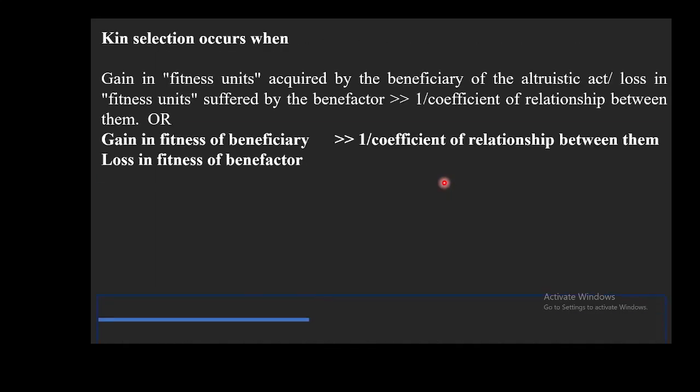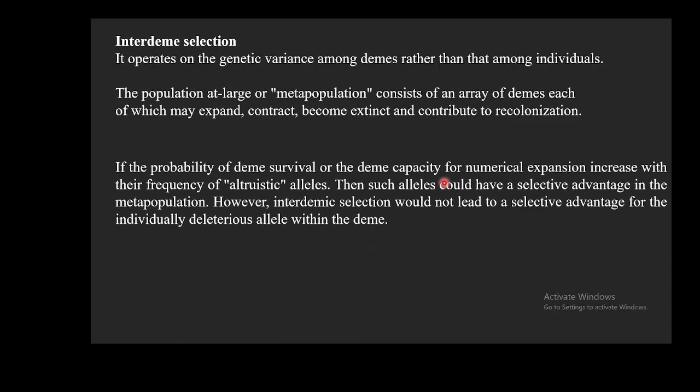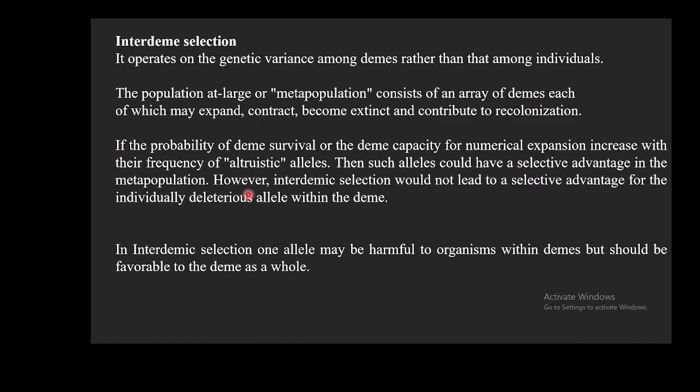You can read here: interdemic selection would not lead to a selective advantage for the individually deleterious allele within the deme. So it should be interdemic, meaning between the demes. That is what you need to understand. In interdemic selection, one allele may be harmful to the organism within demes, but should be favorable to the deme as a whole. So interdeme means between demes.